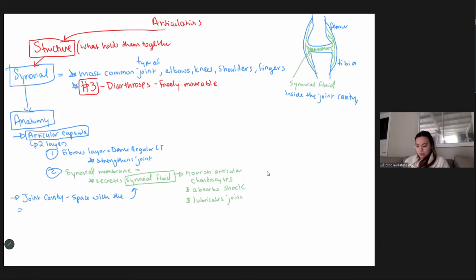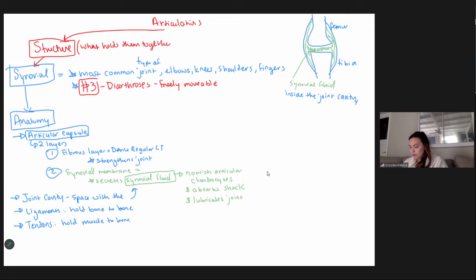In addition, we have ligaments and we have tendons. These are both part of the synovial anatomy. Ligaments function is to hold bone to bone, and tendons function is to hold muscle to bone.